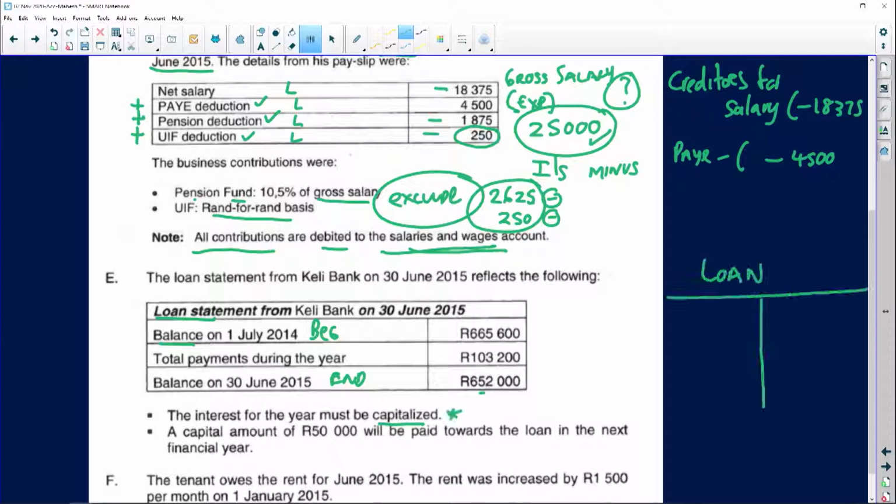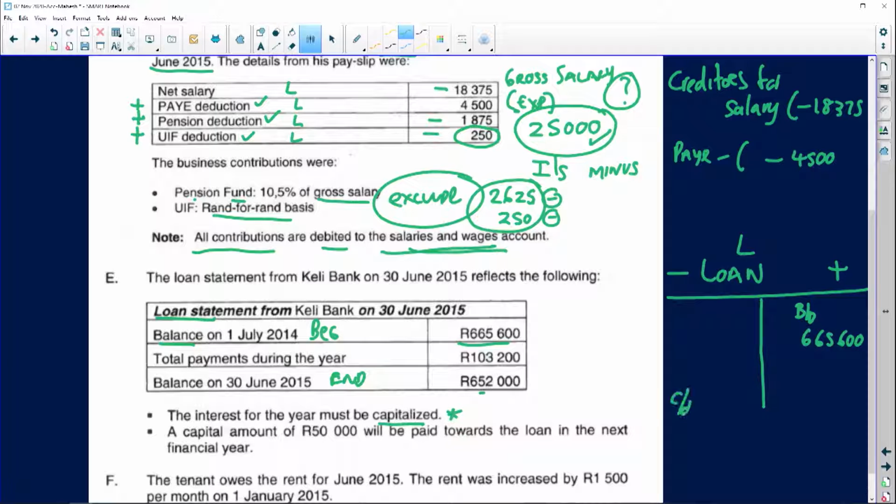So as you can see, I'm going to use my general ledger loan account for this calculation. So remember, your loan, obviously a liability, decreases on the debit side, increases on the credit side. So at the beginning of the year, my loan is sitting at 665,600, brought down beginning of the year.